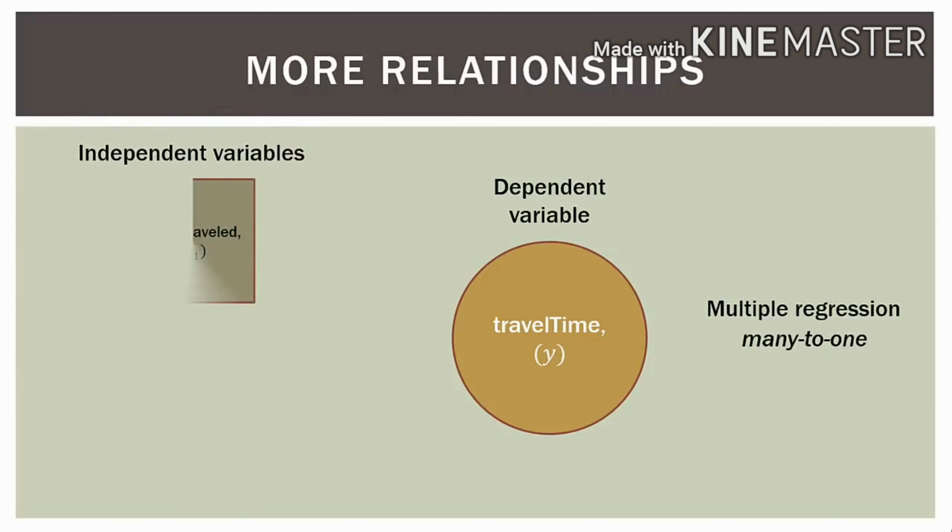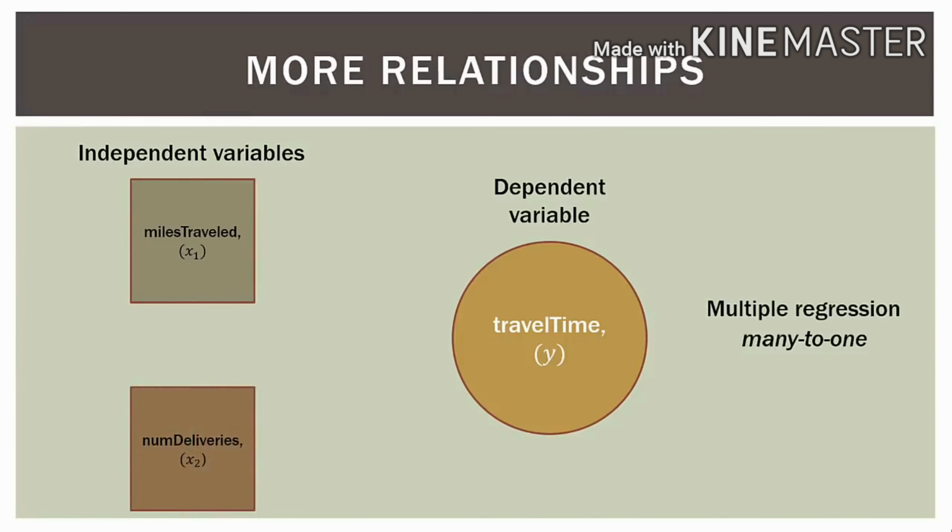We are utilizing two independent variables that we selected: miles traveled, that's our x1, and the number of deliveries, or num deliveries, which is our x2. We'd like to utilize those two independent variables to make predictions about the dependent variable. By setting it up this way, we also create a third relationship, and that is the relationship between the two independent variables themselves.